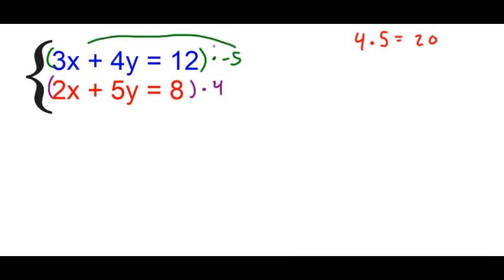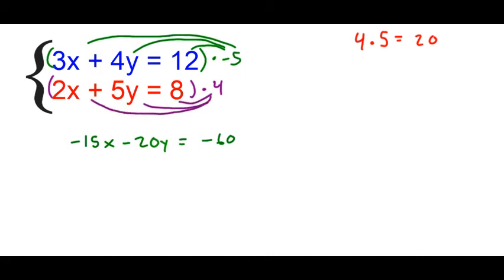So the whole top, I multiply everything by negative 5. So that would be negative 15x minus 20y equals negative 60. And the bottom, I'm going to multiply everything by 4. So I get 8x plus 20y equals 32.